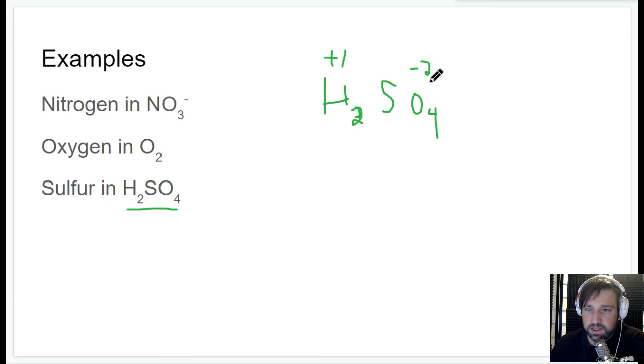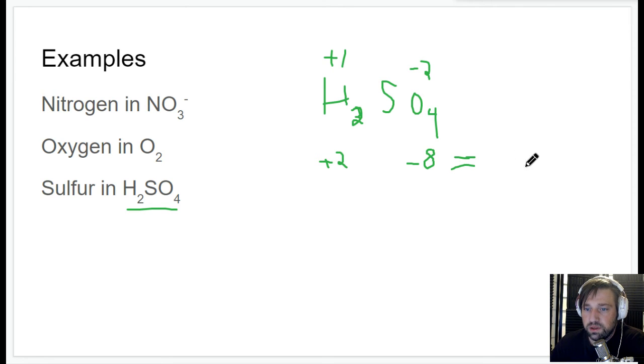Let's go through and do our little Sudoku thing. There are 4 oxygens at -2 apiece, so that's going to be -8. Hydrogens are +1. There are 2 of them, so it's going to be +2. All of this is going to equal the charge.